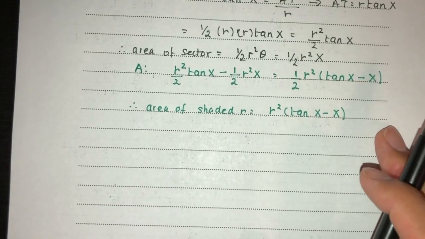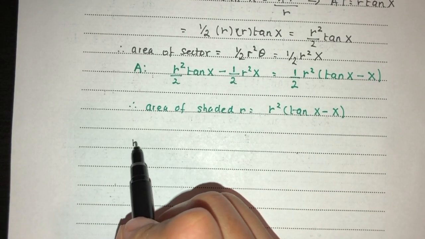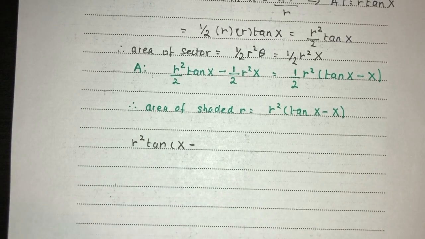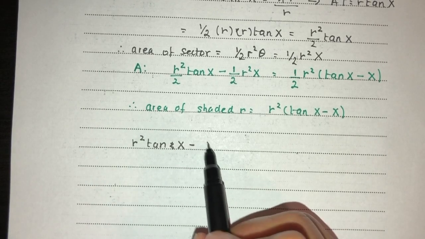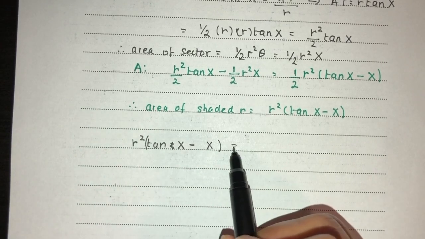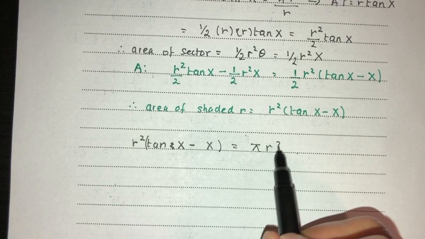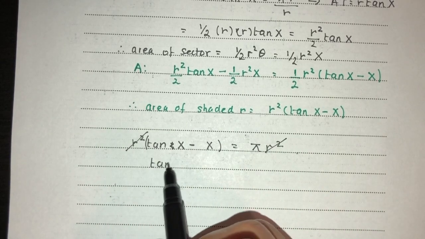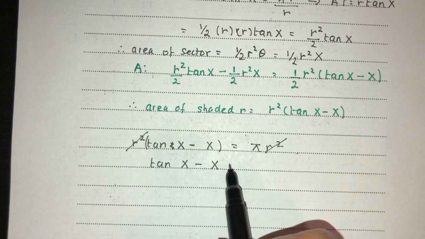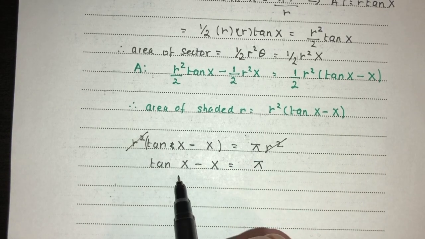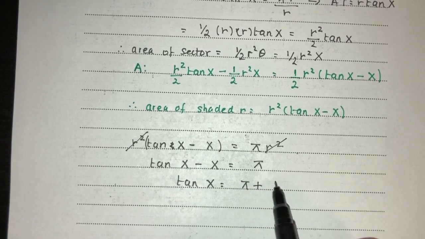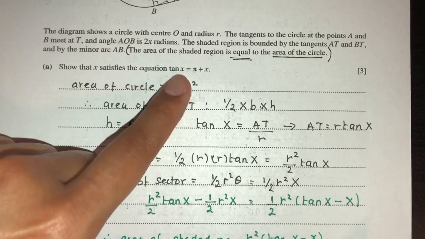So we have to equate them with each other. So on one side you will have r squared (tan x minus x) equal to pi r squared. r squared cancels out. You will have tan x minus x equal to pi. So tan x equal to pi plus x. And this is shown as required.